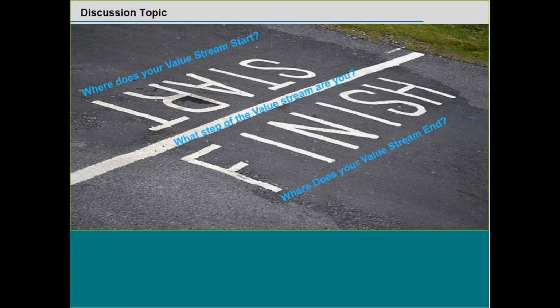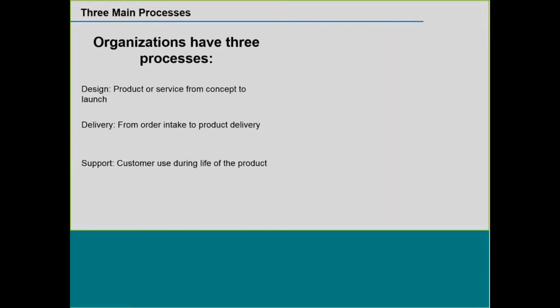So let's think for a second, where does your value stream map start? Where does your value stream map end? And what step of the value stream are you? All organizations primarily have three main processes: design, delivery, and support.